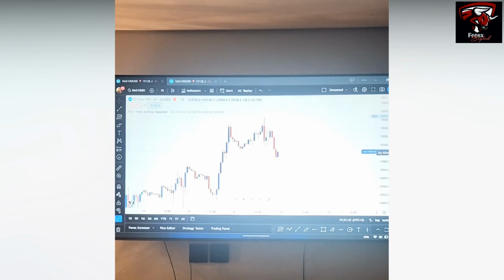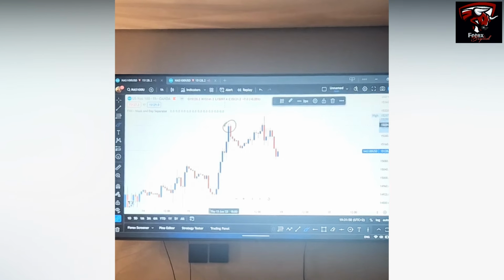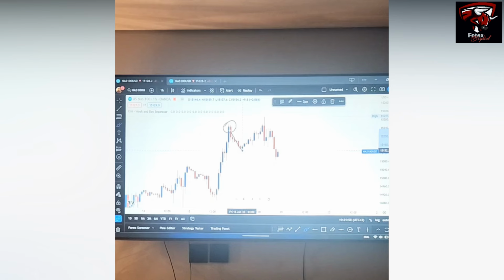So let's go into an example, right? Let's say at this level, we had a bunch of sellers. Price then came down and we got a bunch of buyers, right? Then all of a sudden price comes up, and what happens?